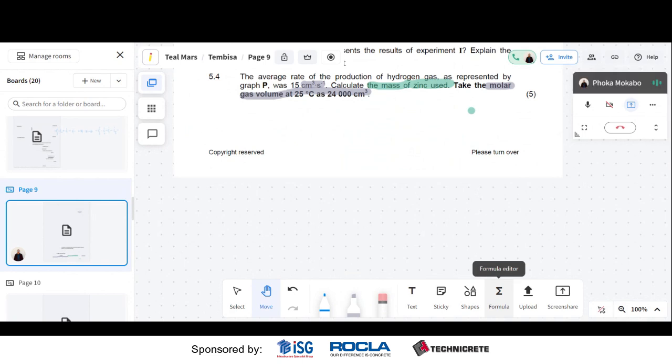The problem is it is in a different format to what we need it to be. Actually, no. Thing to note is you're given centimeters cubed per second, but the molar gas volume is also given to you in centimeters cubed. So you can actually keep it that way.